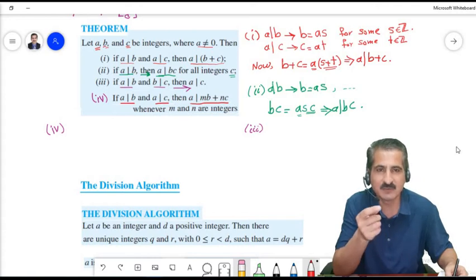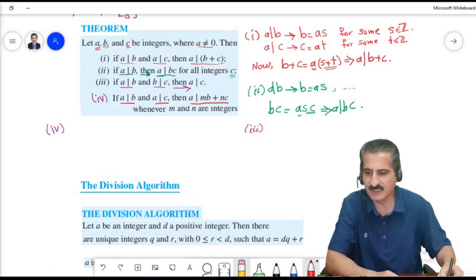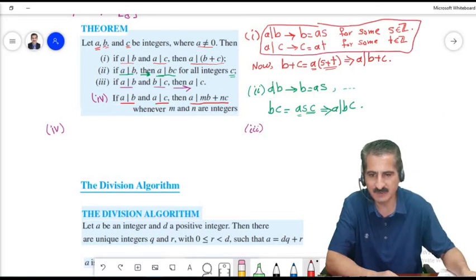Now multiply b by some integer m and c by some integer n and then add. This is called a linear combination of b and c. So to prove that, same thing, we will assume that we have this information here, and we will use it.